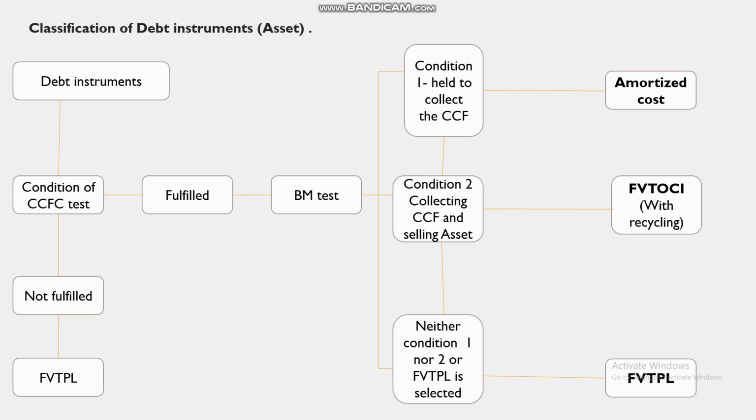What is with recycling? Once you have sold that particular asset, again you are going to reinvest in some other type of assets. Okay, maybe in the debt instruments itself or in another type of assets. If neither condition 1 nor condition 2 is fulfilled, we need to treat it at fair value through profit or loss account. So this is about the debt instrument measurement.